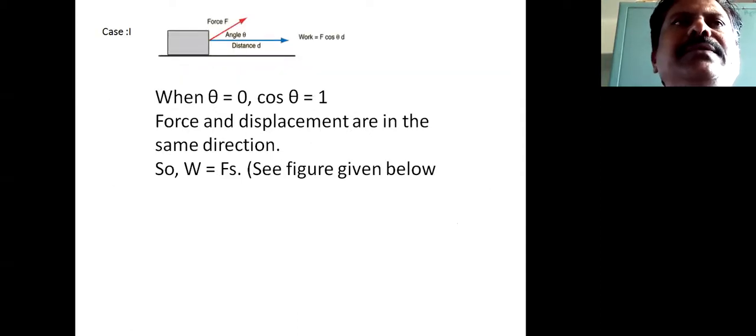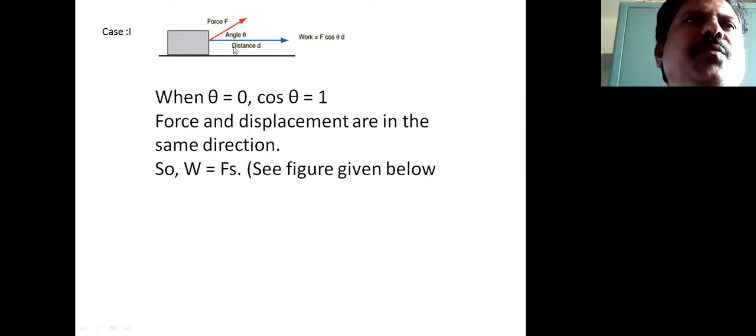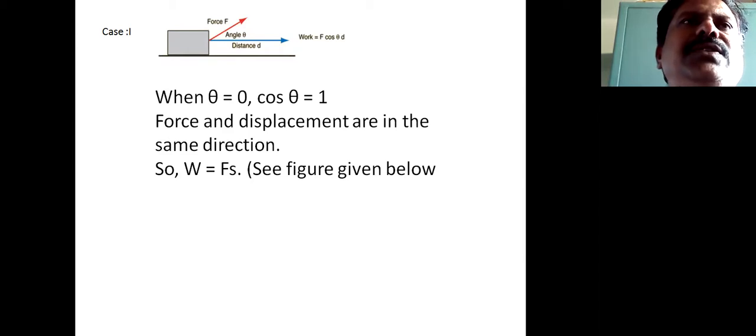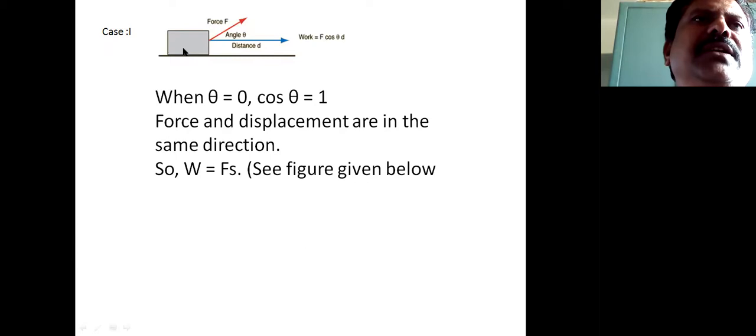At what time is the amount of work done on the object by the force maximum, when is it zero, and when is it negative? We will discuss one by one. See this picture: the block is a rigid or heavier object.